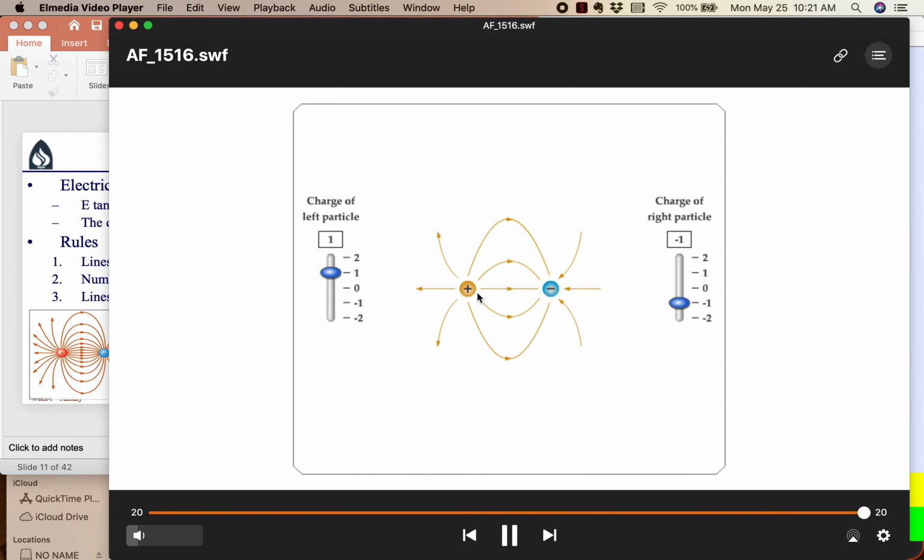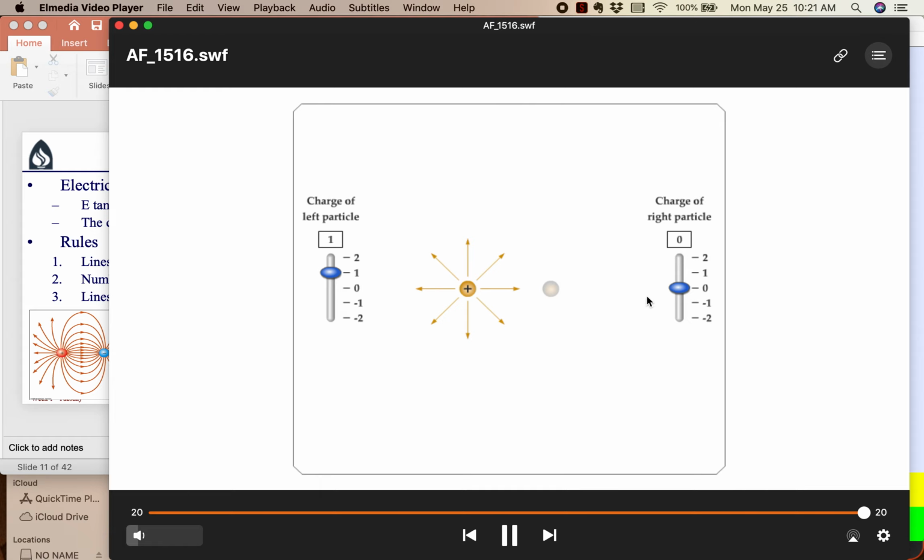And so they have the same number of lines touching each of them because they have the same amount of charge. So I can turn off one of the charges completely, so I only have one charge, and you can see that it has the lines going away from it because it is a positive charge. If I made it negative, the lines would be towards it. And then if I make the charge bigger, I have twice as many lines.